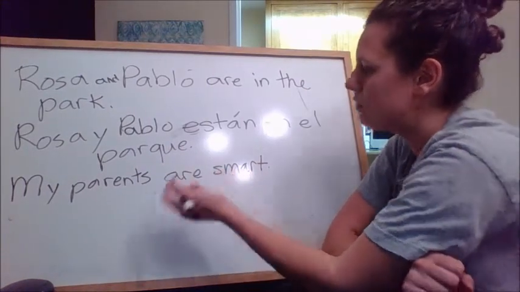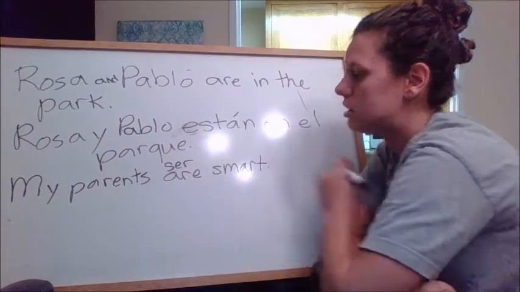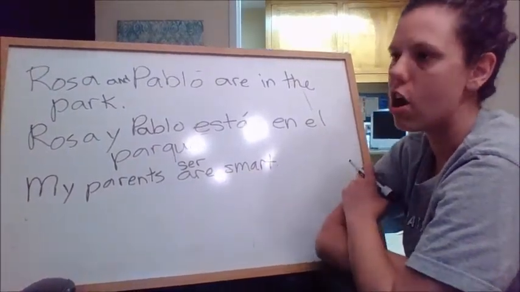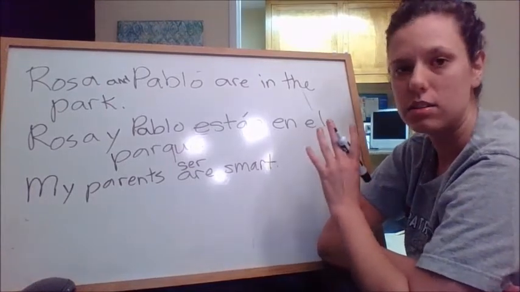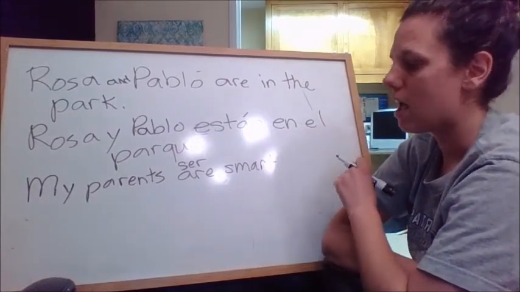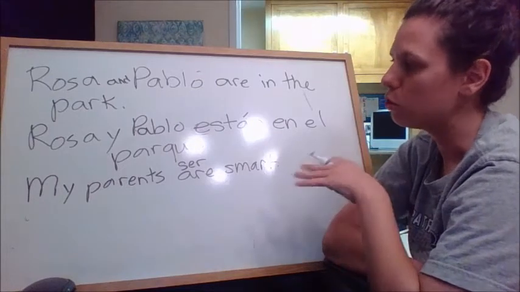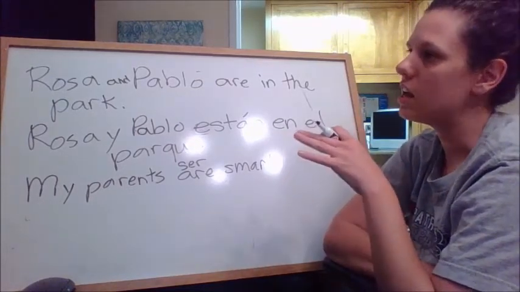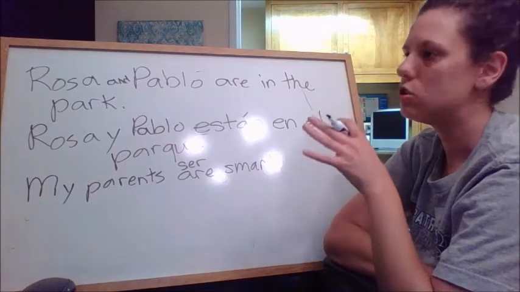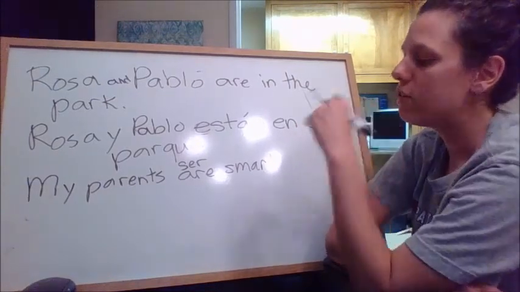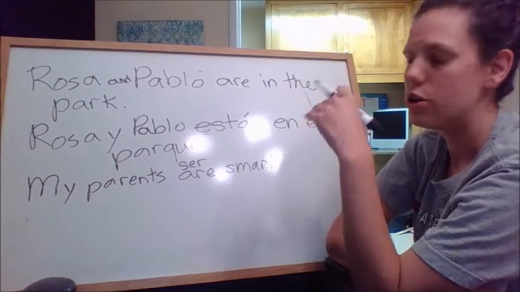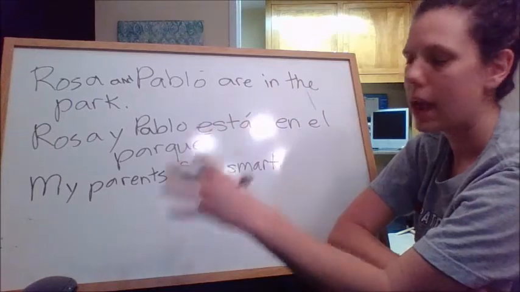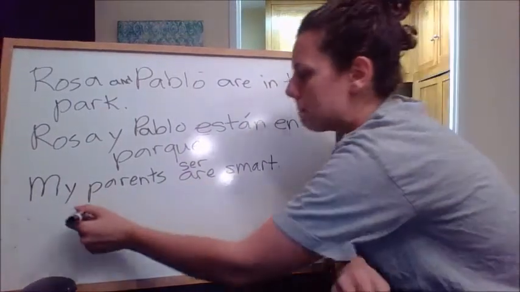So that means we have to use the verb ser. Now, my parents. Remember, you don't really know the word for parents, but remember that when you have a grouping like parents, grandparents, kids, sons and daughters, if there's a boy involved, then we use the masculine construction. So parents is going to be padres.